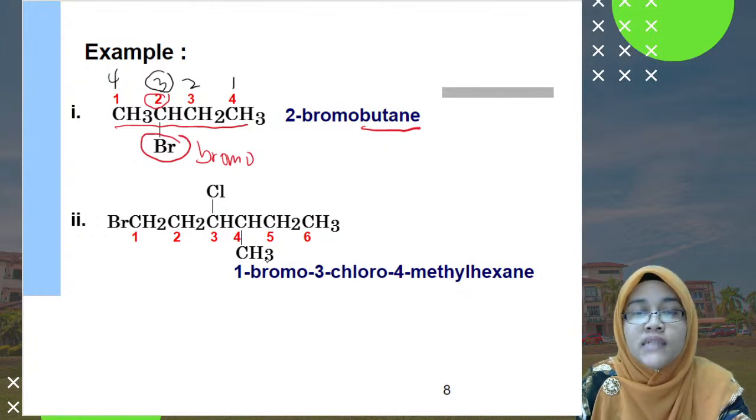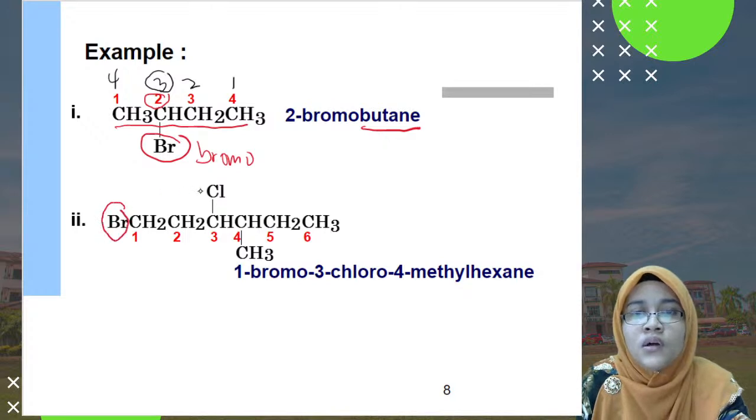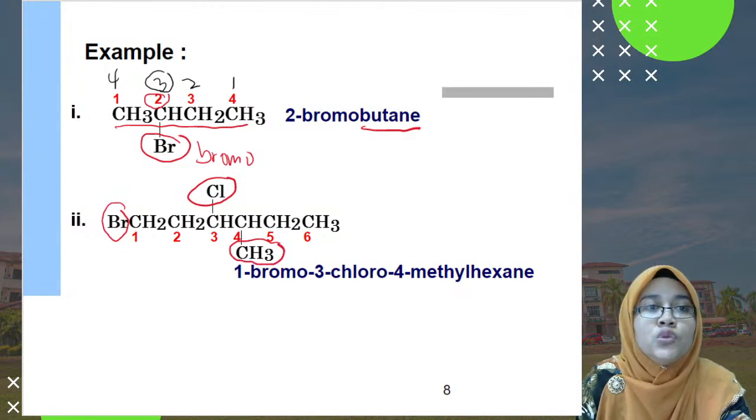Alright. For example, here we have 6 carbons, and we have more than 2 substituents. We have bromo, we have chloro, and also we have methyl as our substituents.